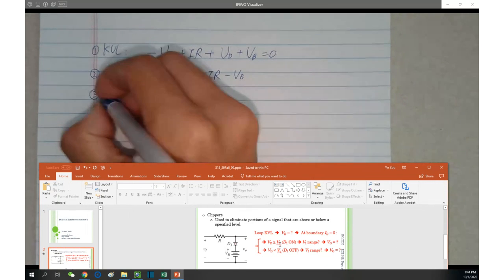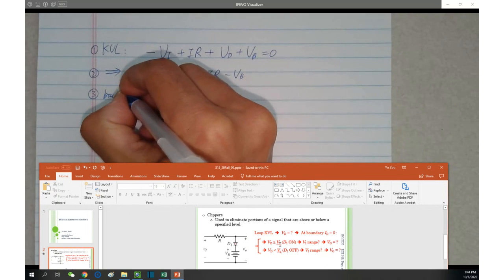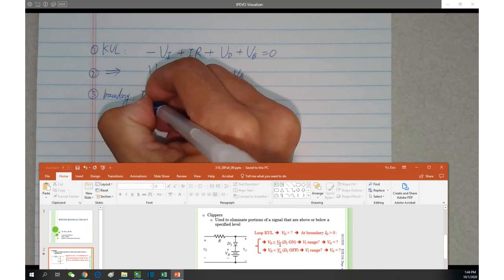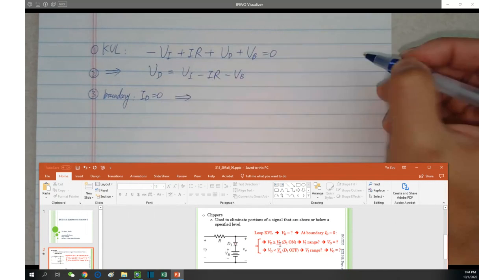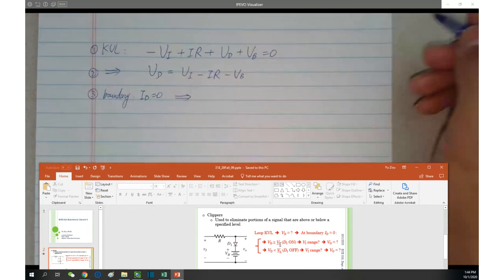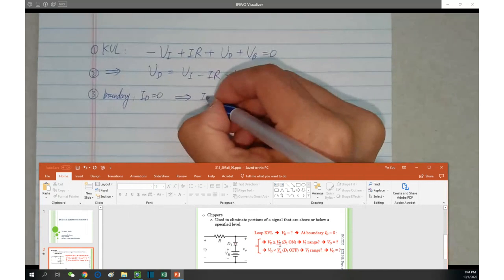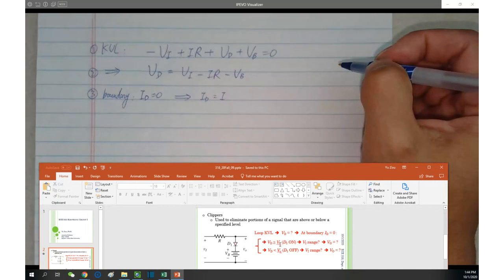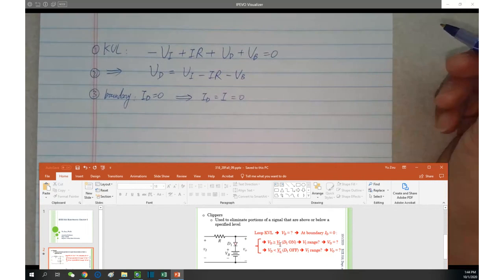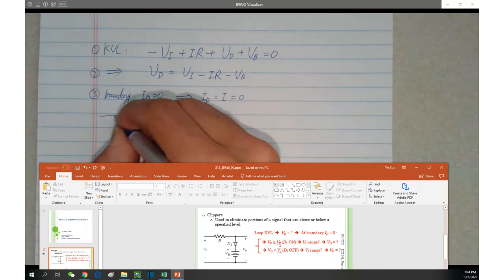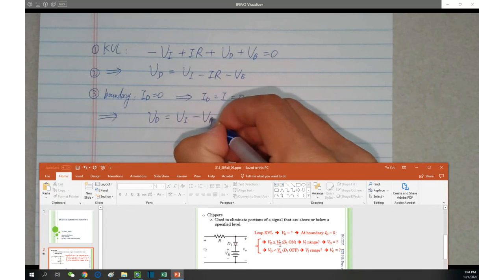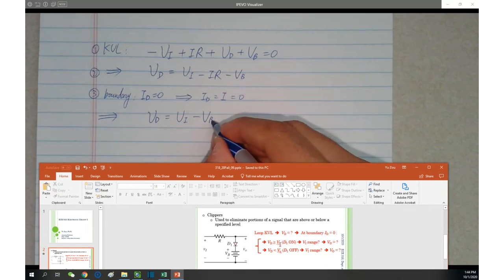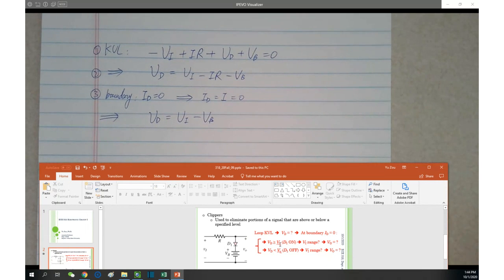Third, the boundary means ID equals 0. ID equals 0 meaning what? This is a single loop circuit, so ID equals I, which is 0. So at this boundary, VD just equals VI minus VB. By the way, what is VI?